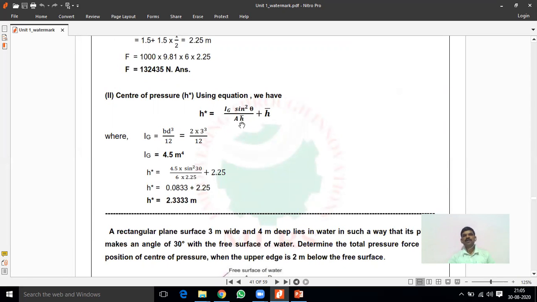Okay. So next, come to center of pressure. So center of pressure formula: Ig sin square theta divided by A H bar, plus H bar. Okay. So Ig is B D cube by 12. So B is 2 meter and D is 3 meter. So Ig is equal to 4.5 meter power 4. Okay. So substitute all the values. So Ig 4.5 and theta 30 degree and the area.